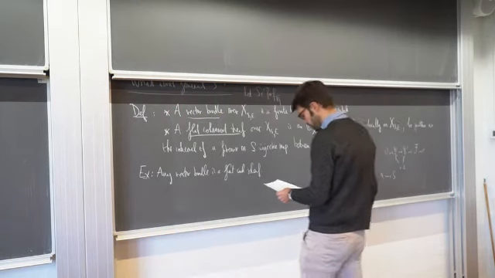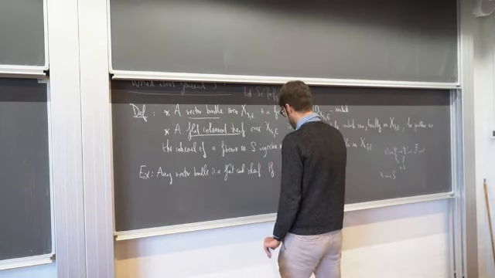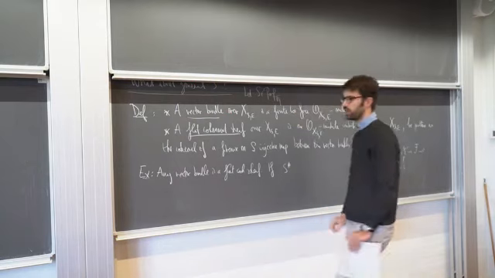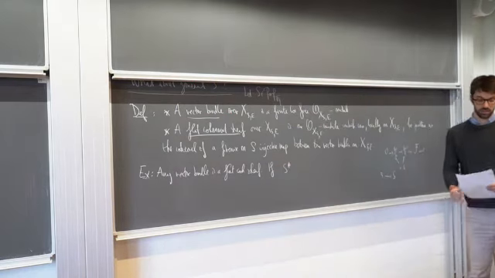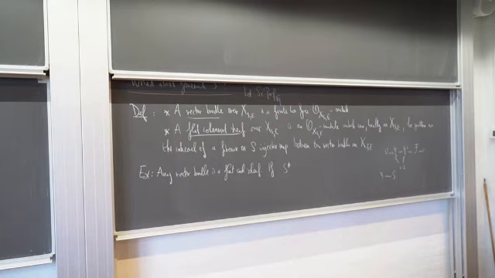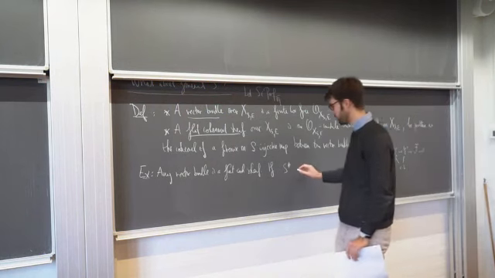But another class of examples. I remind you that we have seen last time that untilts of S give rise to Cartier divisors on the relative Fargues-Fontaine curve.